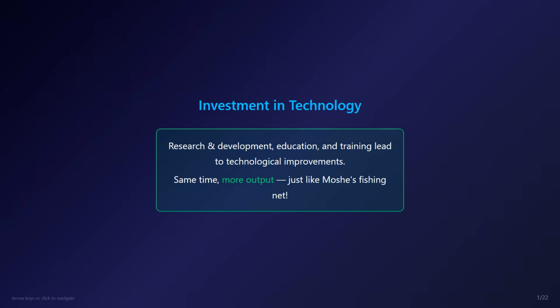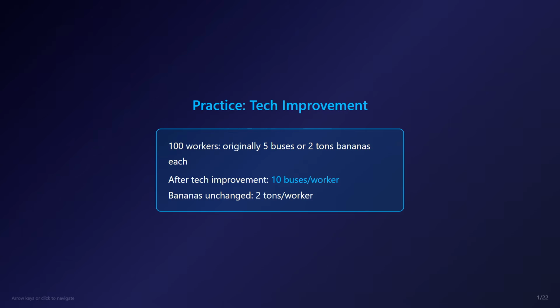Bananas remain at 2 tons per worker. What happens? Buses, 100 times 10 equals 1,000 buses. Bananas, still 100 times 2 equals 200 tons. The production possibility curve shifts upward only, from 500 to 1,000 buses. For bananas, it remains at 200.